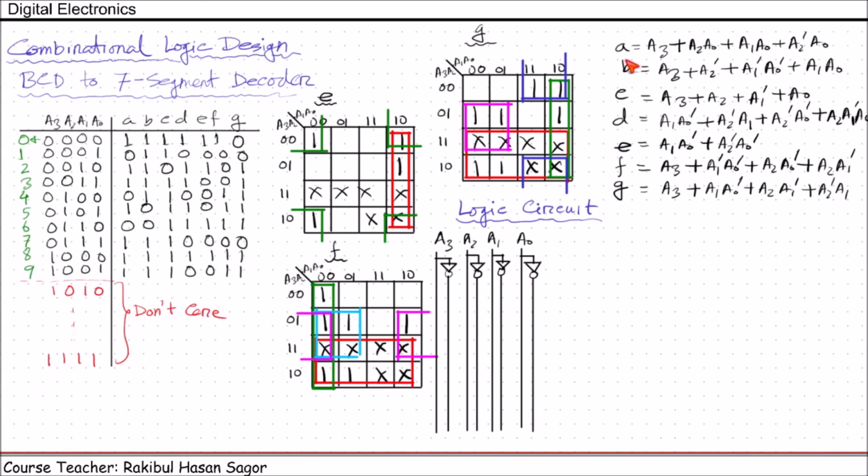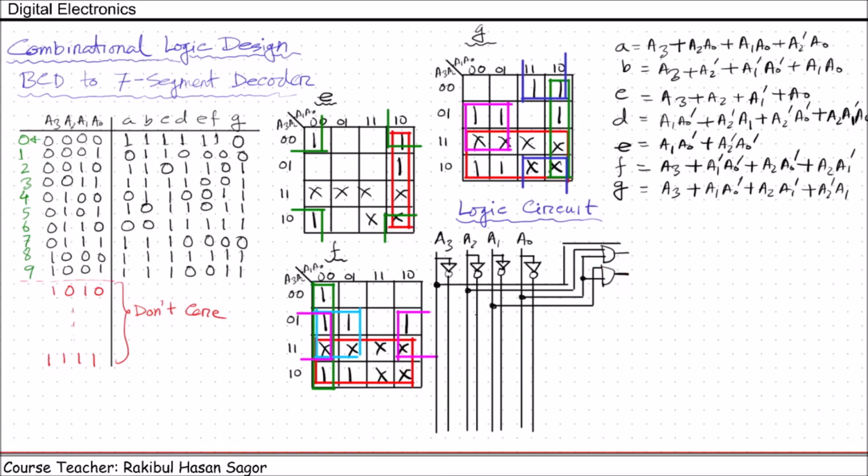Now first, let us draw the logic circuit diagram for A function. A is equal to A3, this is connected, plus A2 into A0, A2 into A0. These are connected and they will pass through AND gate. Then A1 into A0, they will pass through AND gate.